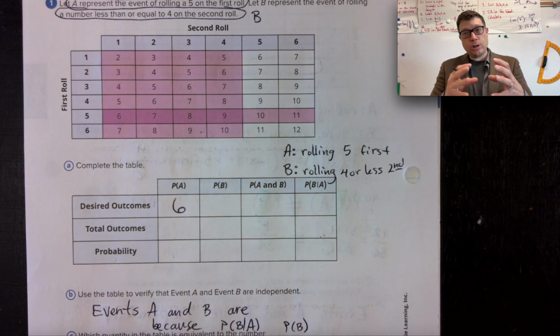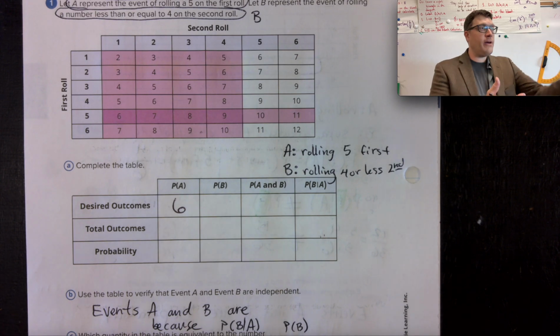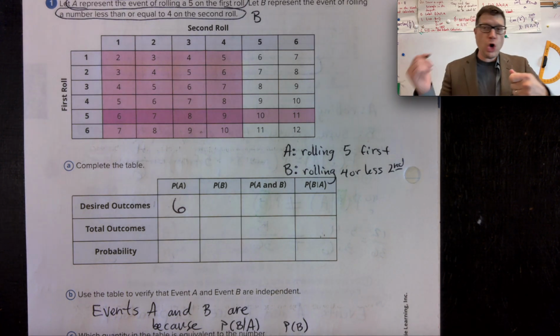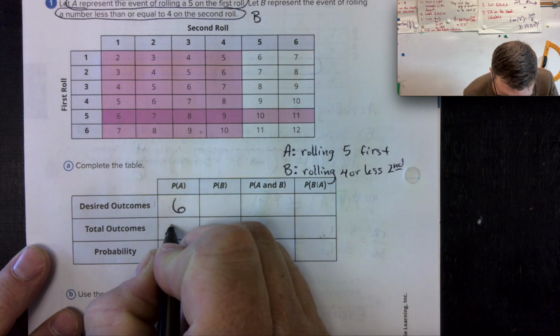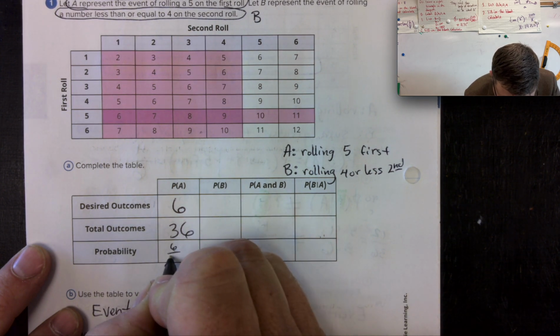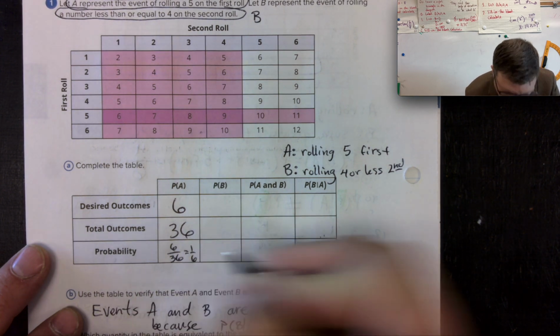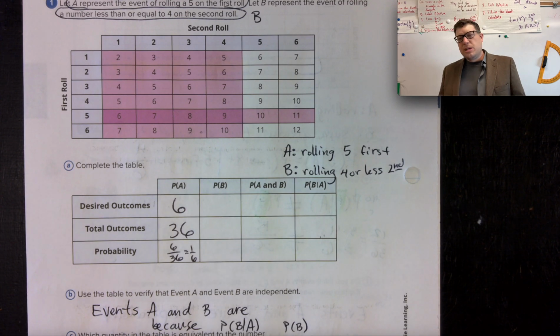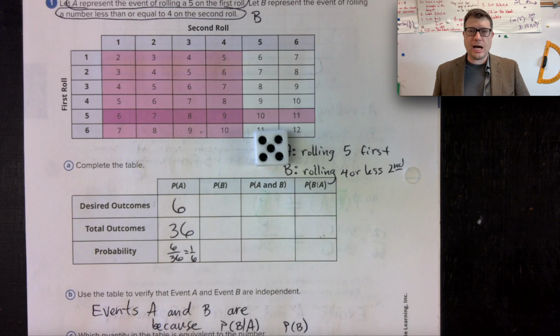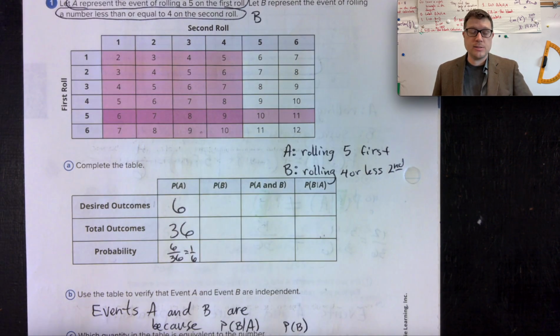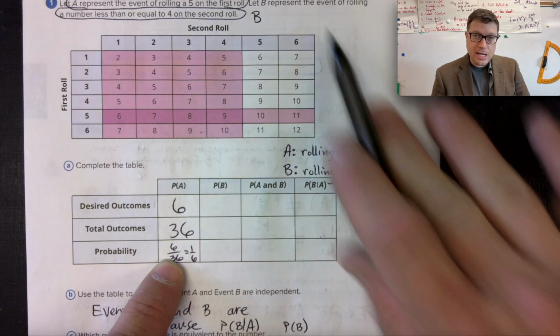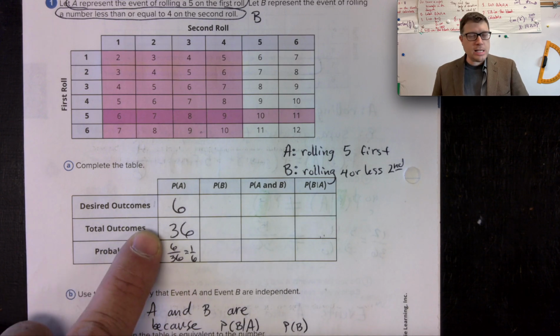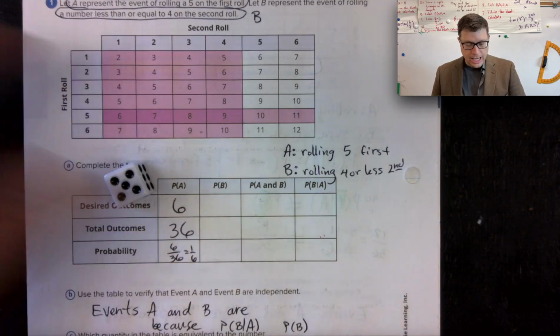So separately, by themselves, the probability of A is considered out of all 36 outcomes. 6 out of 36, which, of course, reduces down to 1/6. Shouldn't be a surprise, though, that if there are 6 sides on the die, getting a 5 is one of those 6 sides. But when you have 36 total outcomes, 6 out of 36 of them are that happened.